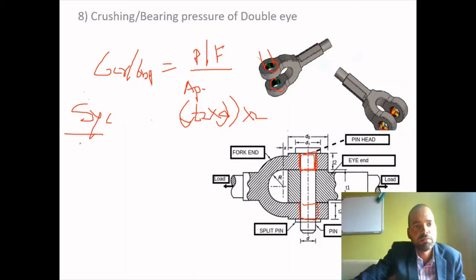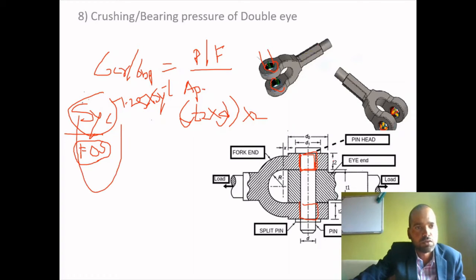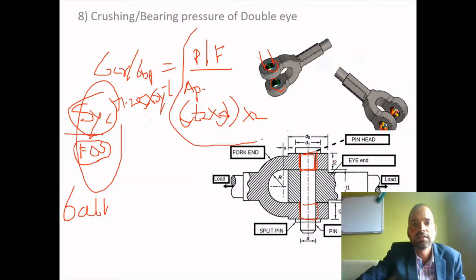It is SYC upon factor of safety, where SYC is nothing but 1.25 times SYT for the double eye material, divided by the factor of safety, which we select from 3 to 5 or 3 to 6. This value will give us sigma allowable, and the other ratio will give us sigma calculated.